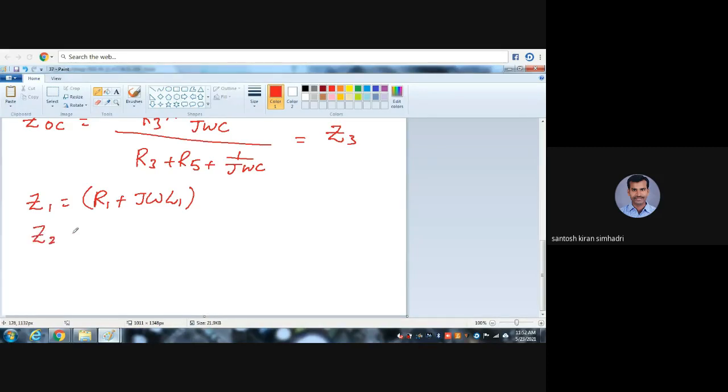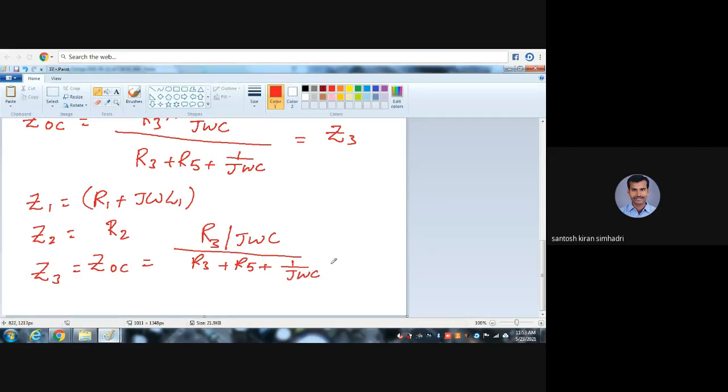That is Z2. How can we write Z2, sir? Yes, Z2 we can write as R2. Then what about Z3, sir? Yes, Z3 is very crucial. Z3 is also called ZOC. I can write directly ZOC as R3 by j omega C over R3 plus R5 plus 1 by j omega C. That's all.